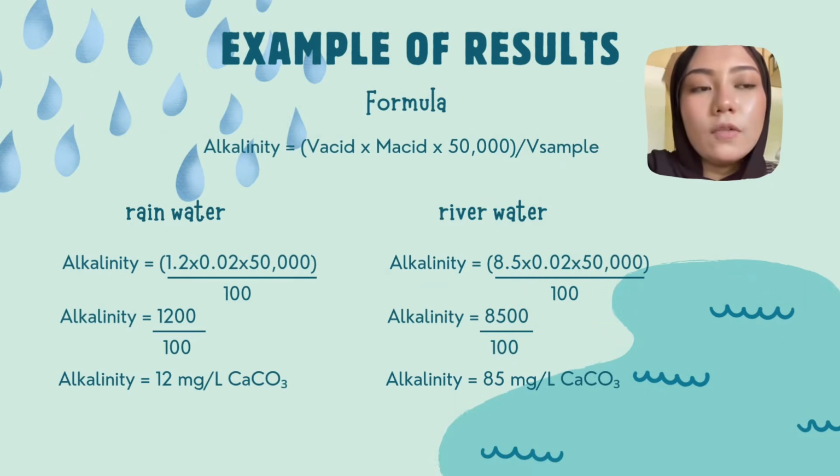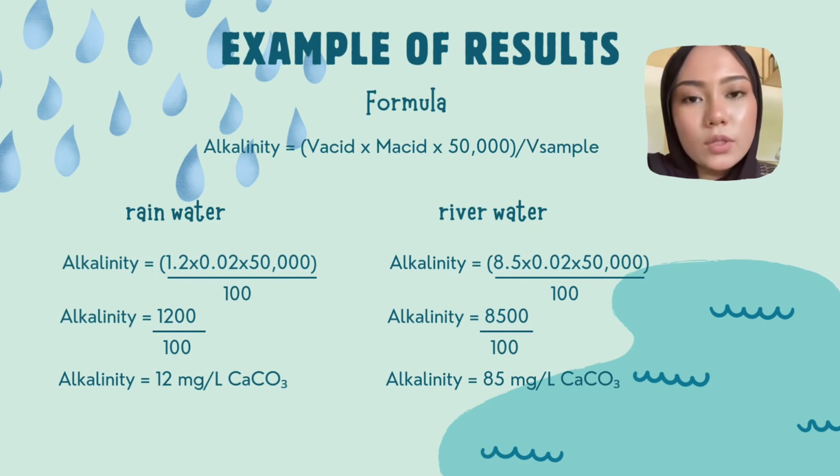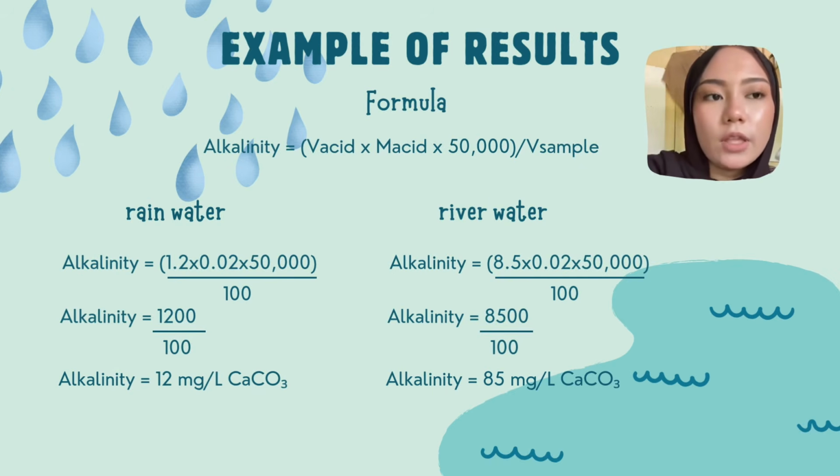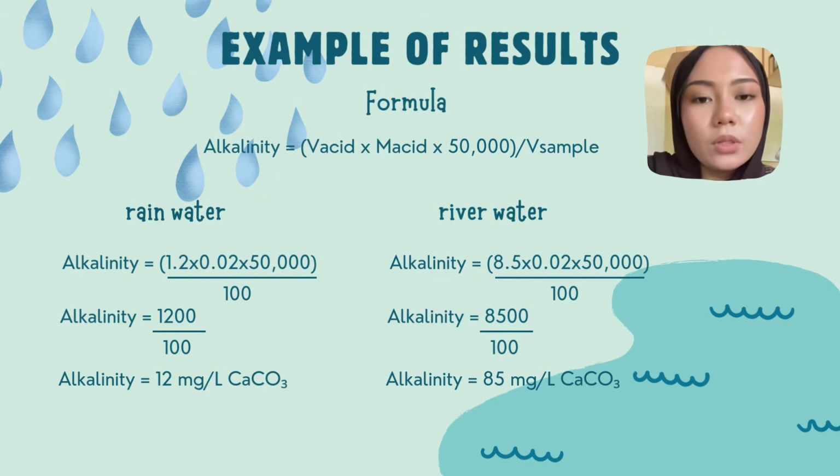This is the example of calculation for both rainwater and river water samples. The alkalinity was calculated using the formula: alkalinity equals the volume of acid multiplied by the molarity of the acid and 50,000 divided by the sample volume. For the rainwater sample, 1.2 ml of 0.02 M hydrochloric acid was used, giving an alkalinity of 12 mg per liter as calcium carbonate.